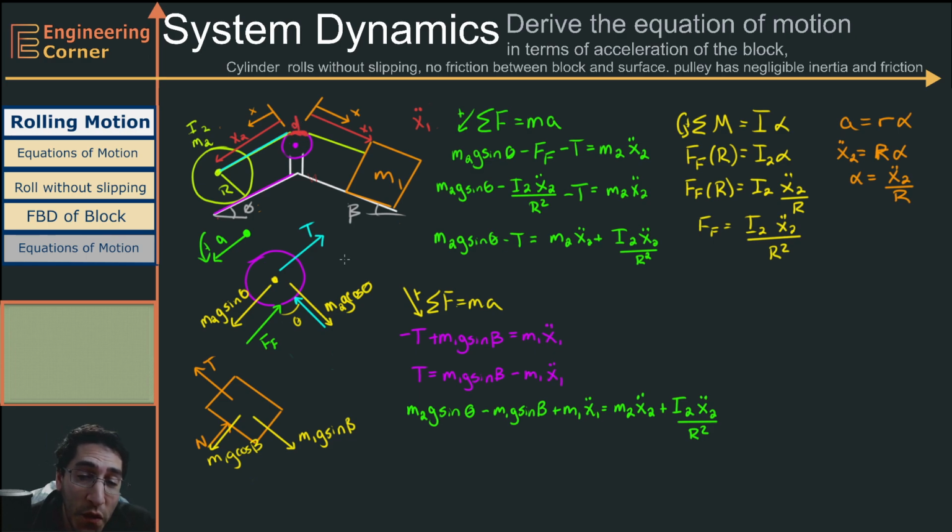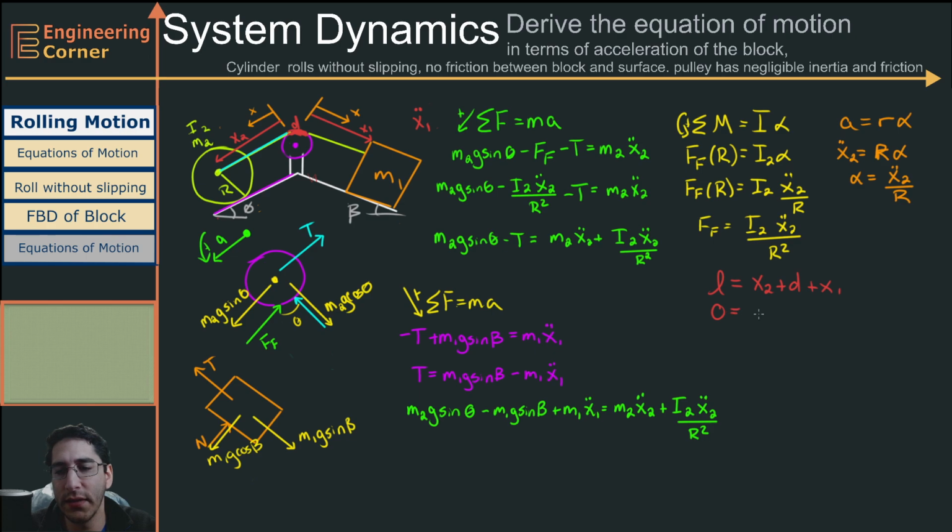So the total length of my rope is going to be equal to whatever X2 is, and that's variable depending if the cylinder goes up or down. So X2 plus, this is never going to change. The rope over that pulley is never going to change. The pulley doesn't extend. So plus D plus X1. Differentiate this once with respect to time.